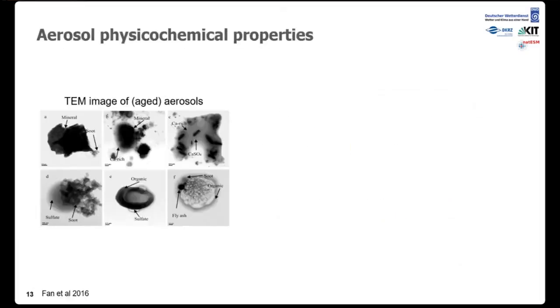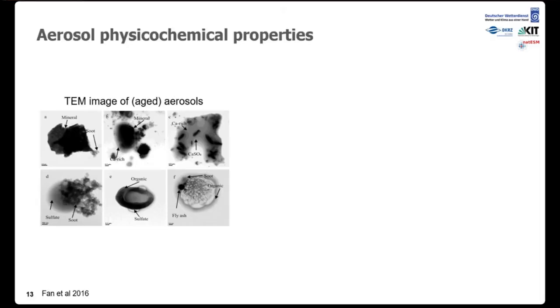And this is the fun part about the aerosols. When we talk about the chemistry, we are only dealing with the composition, so it is molecules. When we talk about aerosols, they are particles. And this is one TEM image from aerosols, individual particles from a sample containing millions of particles. And imagine that we have billions of particles suspended in the air around us, and you don't see two of them similar to each other.